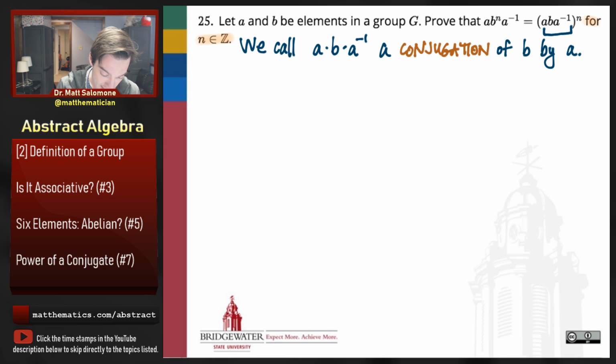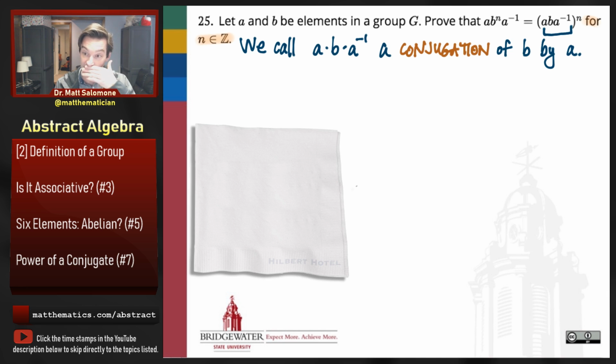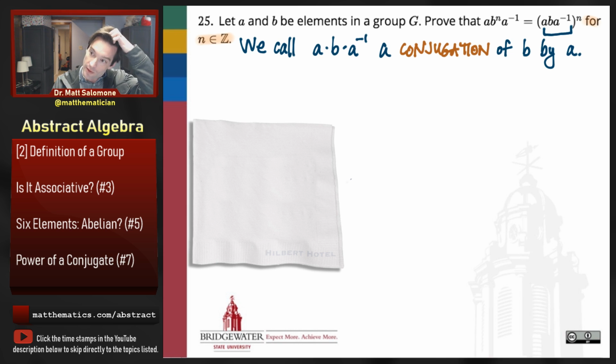All right, so let's get out a napkin once again and see if we can sketch out the computational part of this proof, and then figure out how to present the proof in the fullness of its logic. If I look at this equation, our burden of proof, the value of n needs to be, again, for n in Z. So there's an implicit "for all n in Z," or "for any n in Z."